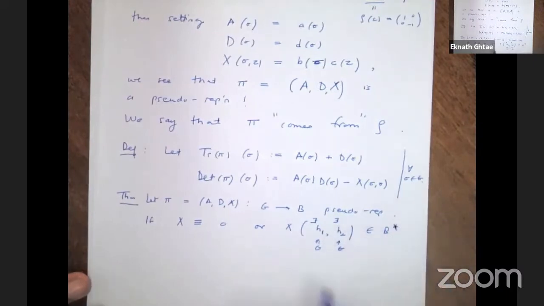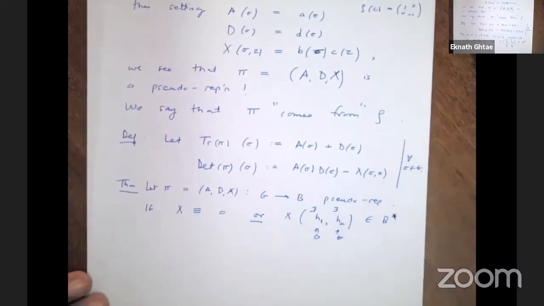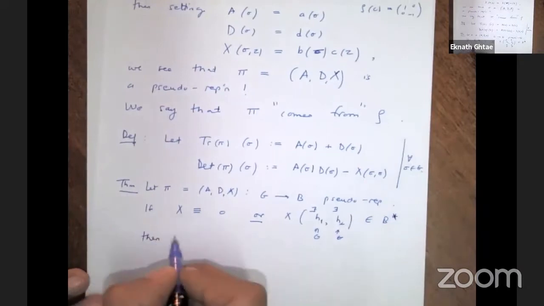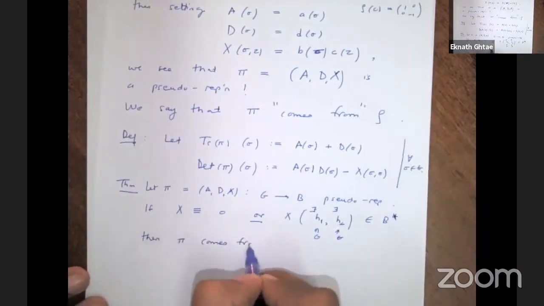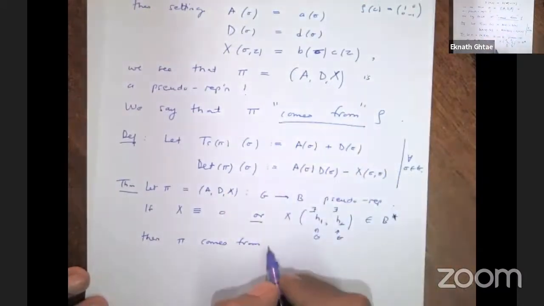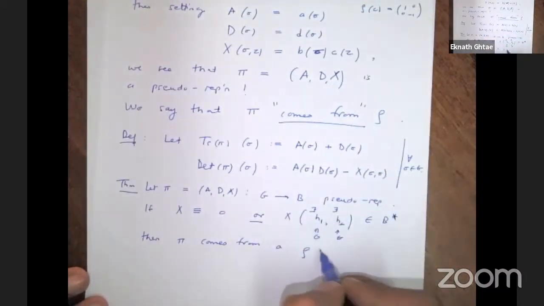Suppose one of these conditions holds. Then the claim is that the pseudo representation comes from a genuine representation.